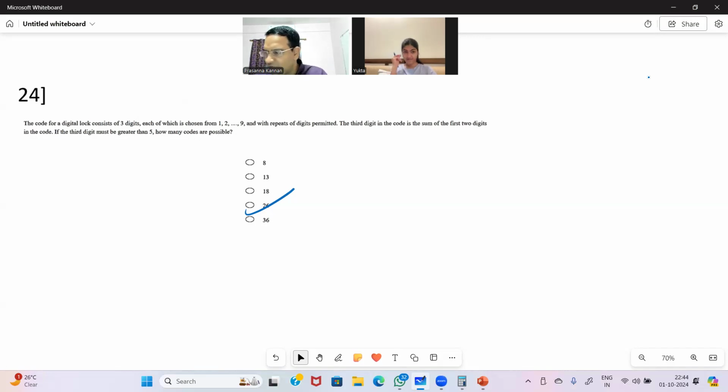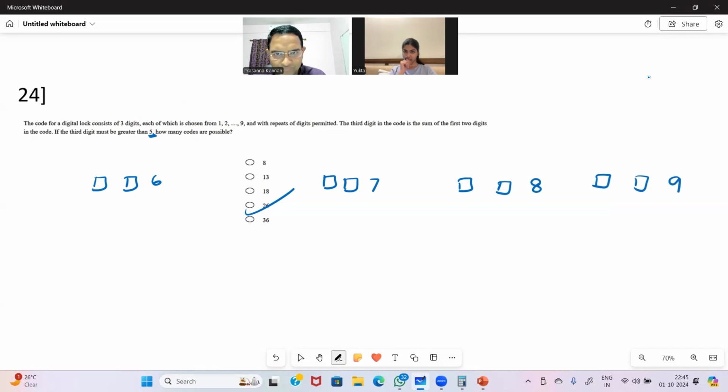So if you did not want to write each one, then I'll tell you what you can do. Let's say you have the 3 digits, right? The third digit can be what? Greater than 5, correct? So 6 it can be, or it can be 7, or it can be 8, or it can be 9, correct?